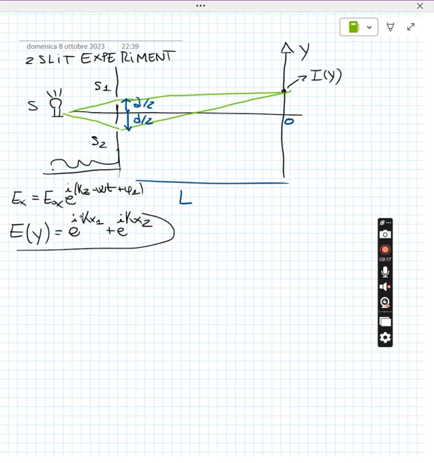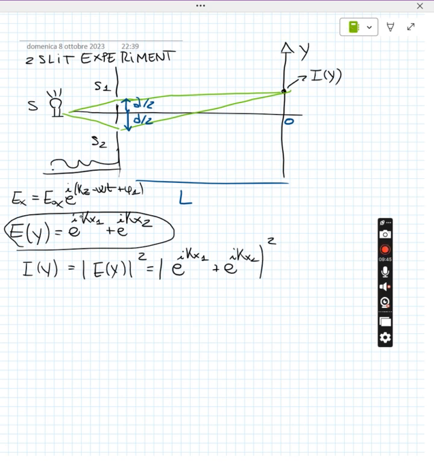From this equation, how can we derive an equation for the intensity? It's simple. Intensity in general is this. You can do the math and see that this is equal to 2 plus 2, and we take the real part.